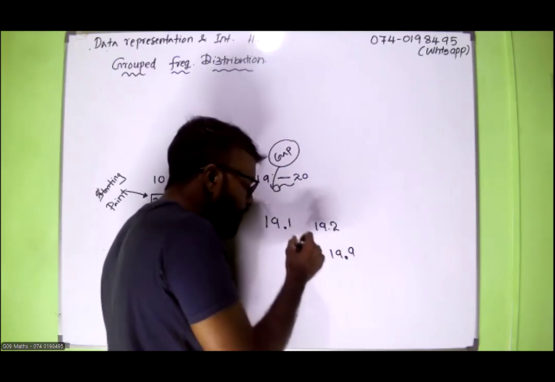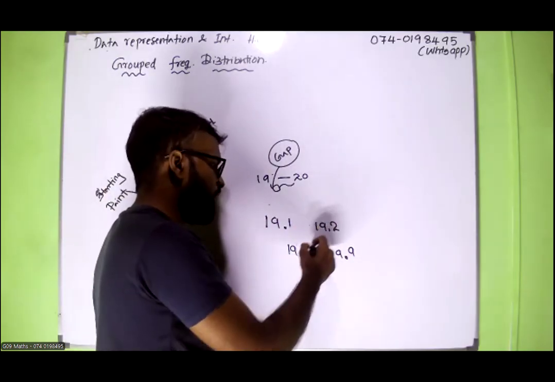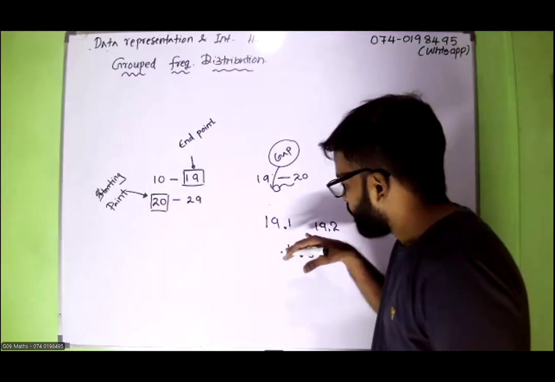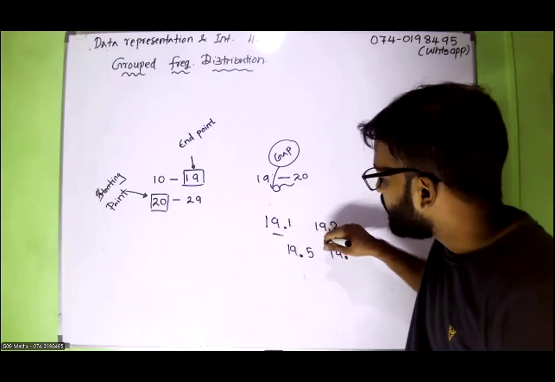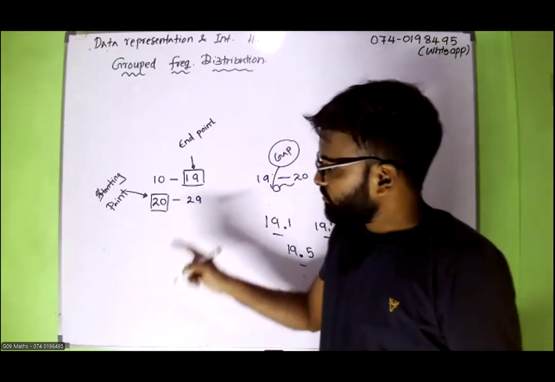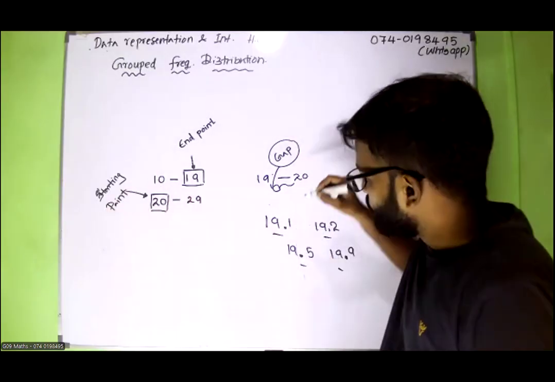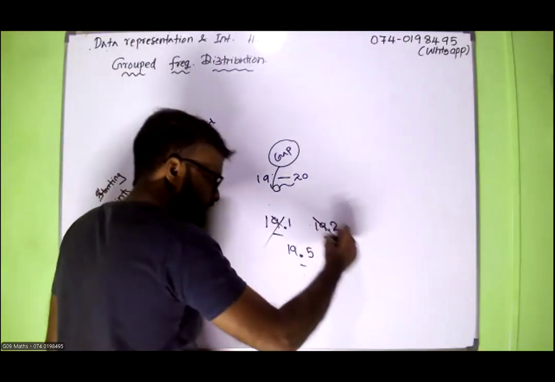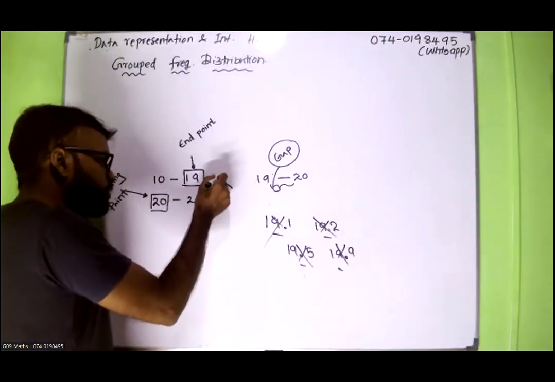If you have a data set like 19.1, 19.2, 19.3, 19.9, where are you going to put these values, because there is a gap between 19 and 20? You cannot put this value or this value into one of these two class intervals.